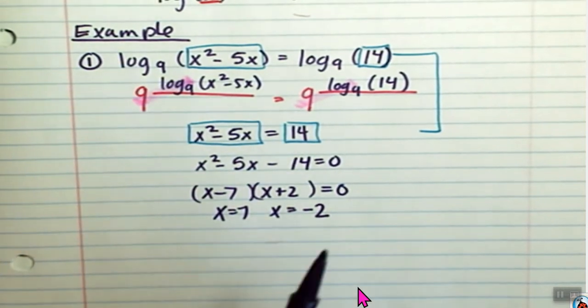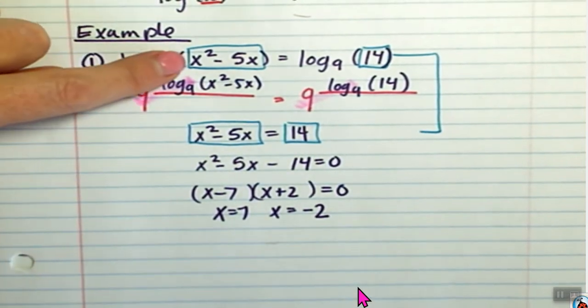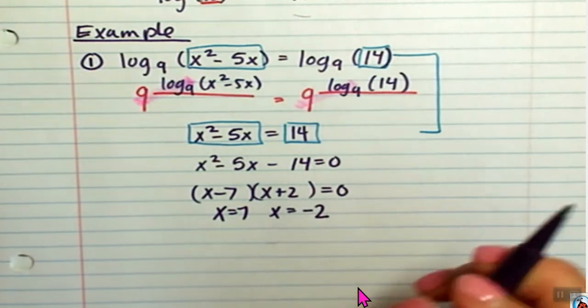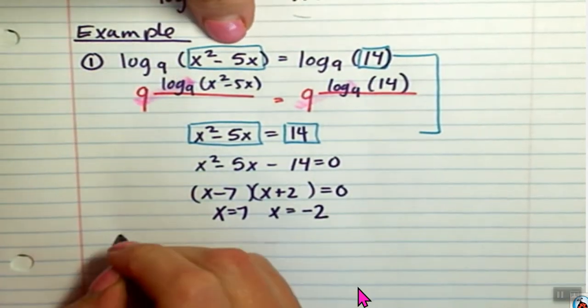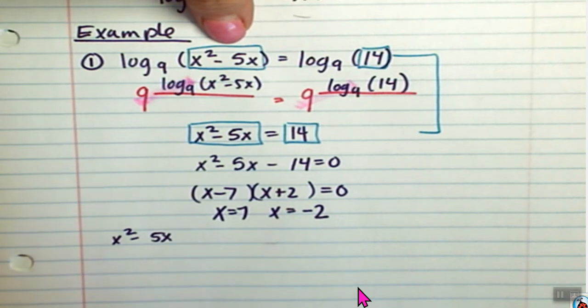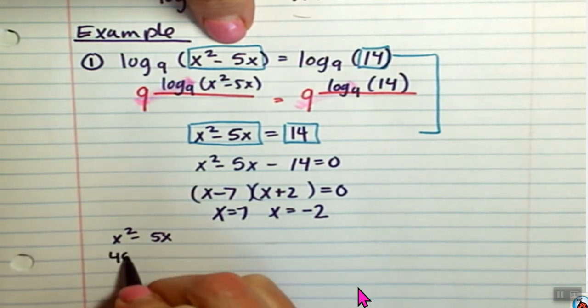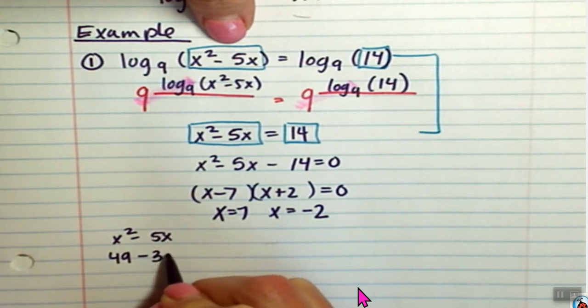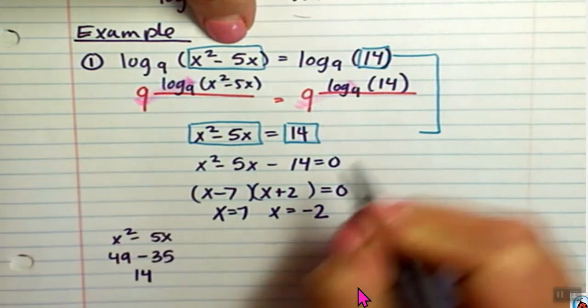Now I have to check. Look at this side here. 14 is already positive. So what I'm looking at is this part right here, and I'm making sure that this part is positive. 49 minus 35 is positive 14.